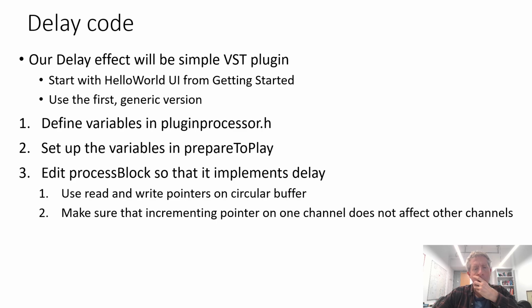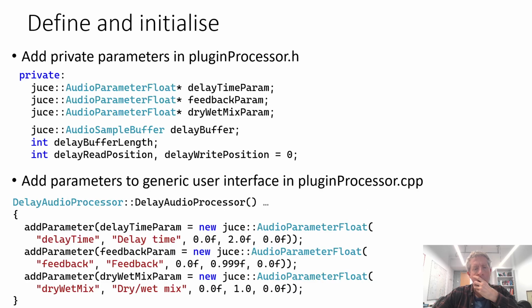Now, if we look back, since we've defined the variables, we now set them up on the user interface before further work in other methods. So we add the parameters for the delay time. We are saying add this to the user interface, a parameter for delay time, which ranges from 0 to 2.